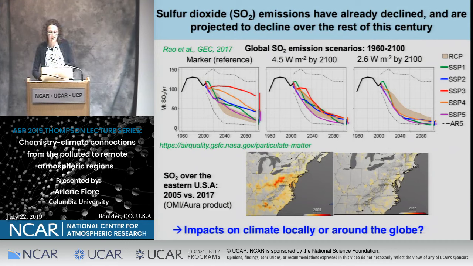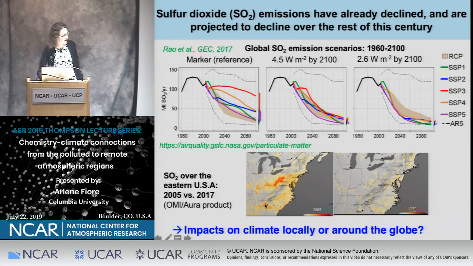This is just a figure showing the SO2 emissions from 1960 out to 2100. And the different colors are the new shared socioeconomic pathway scenarios that are being used in CMIP6. And then this is a nice picture from space that's looking at SO2, which is the precursor gas to sulfate aerosol.